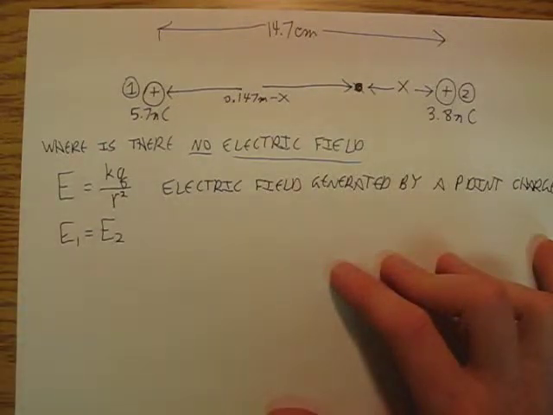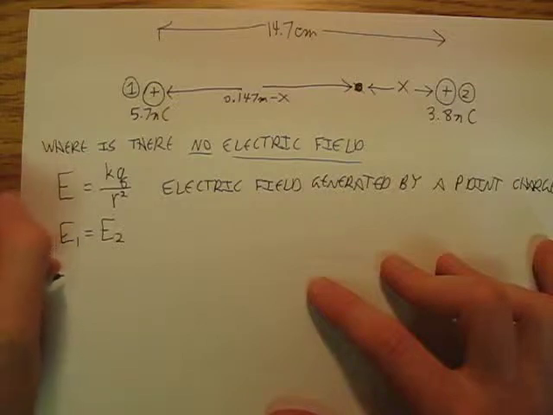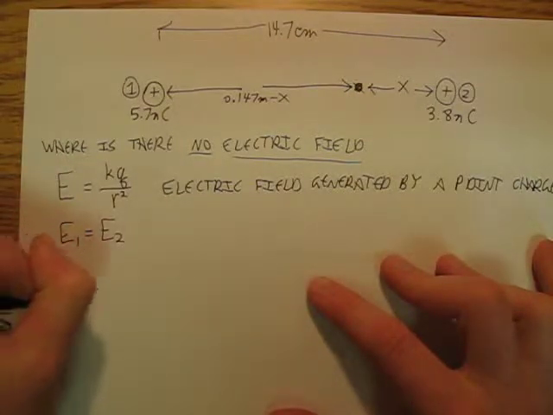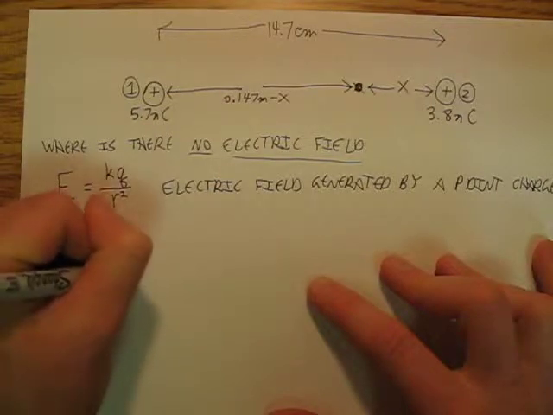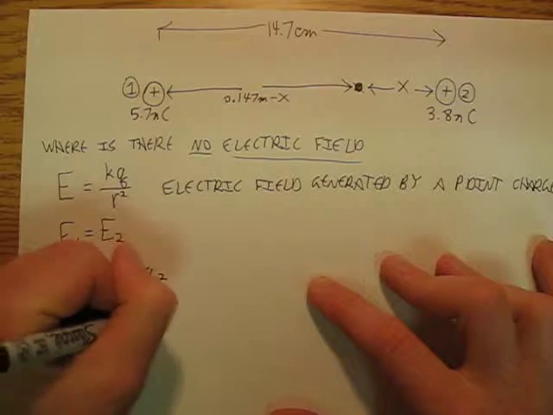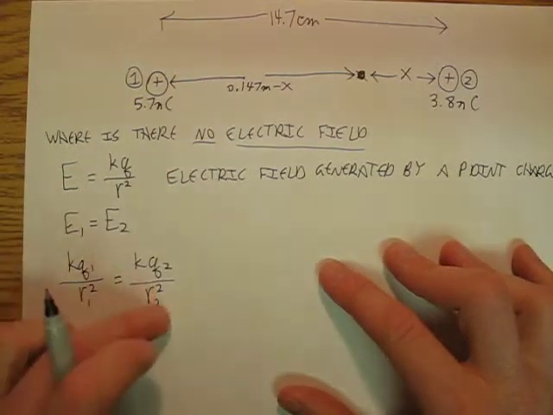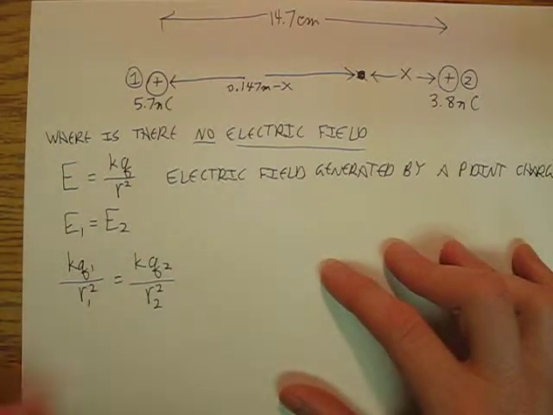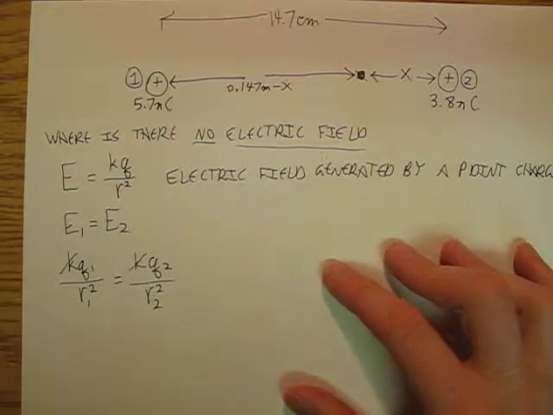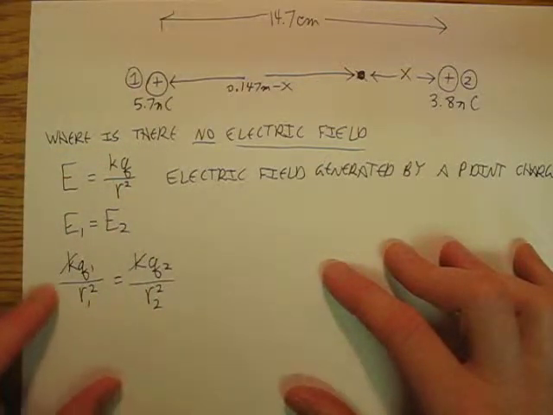So I'm going to say k q1 over r1 squared is equal to k q2 over r2 squared, and now I get a little bit of cancellation here. I'm going to know that my k's cancel, and what I'm going to do is, I hate fractions.